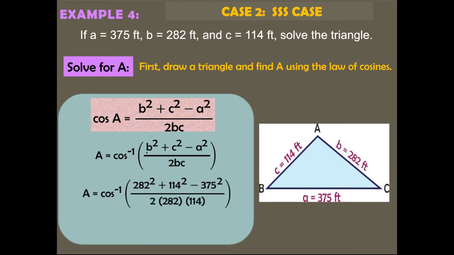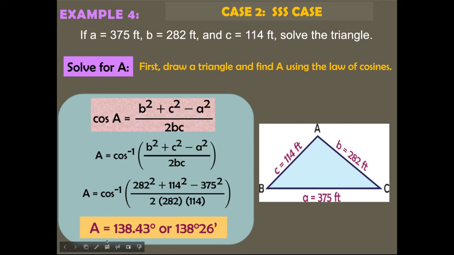Side B will be replaced by 282, side C will be replaced by 114, and side A will be replaced by 375. Using your calculator, you should arrive at this value for angle A, which is 138.43 degrees or 138 degrees 26 minutes.